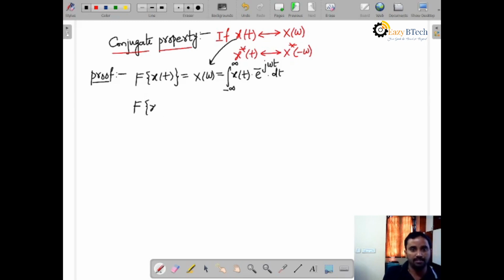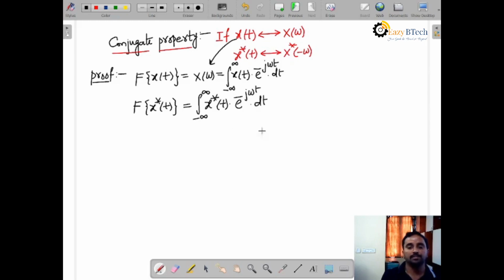So how do we write the Fourier transform of x star of t? As with x of t, but now x star of t is the signal, so in the integral from minus infinity to plus infinity we take x star of t, e power minus j omega t dt.